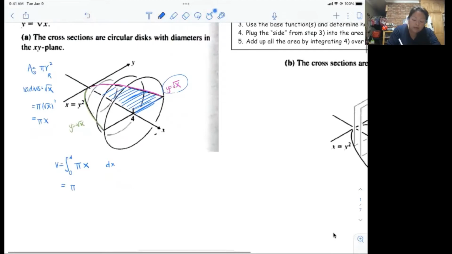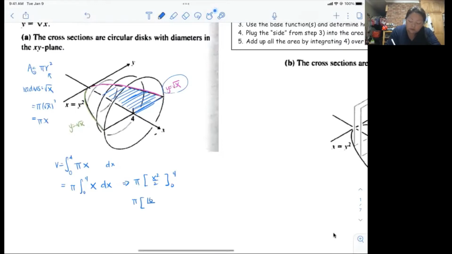You put the pi outside, 0 to 4, x dx, pi x squared over 2, 0 to 4, which then becomes pi times 16 over 2. This thing has a volume of 8 pi, okay? And that is the volume of this particular bullet.